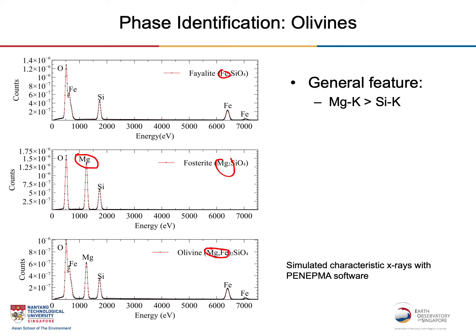So in all of these cases, the metal cation component will be more than the silicon. We expect the peak from those 2 to be higher. For example, this is iron. We don't have magnesium in fayalite. The iron peak is higher than silicon, and also here in forsterite, the magnesium is higher than the silicon. And similarly here, for the general olivine, the magnesium and the iron will be higher than the silicon.